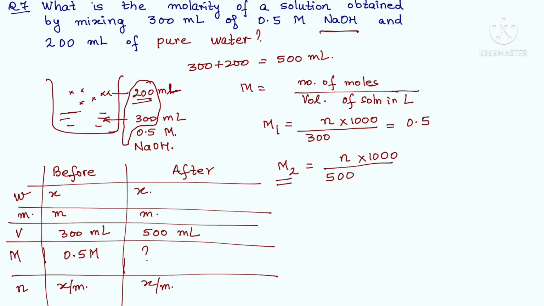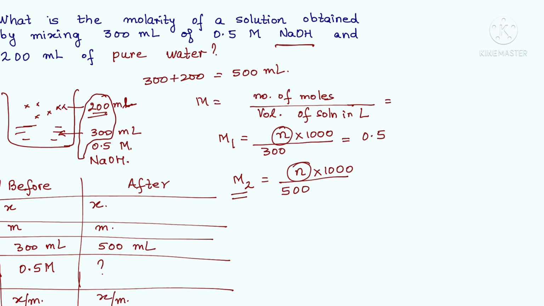If you notice over here, n is the same in both of them. Number of moles can simply be given as molarity into the volume. Number of moles is remaining the same, so M1V1 equals M2V2.